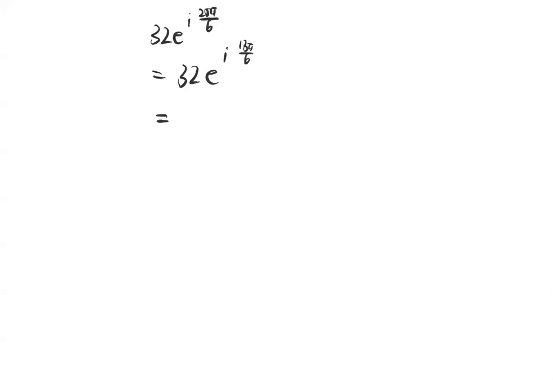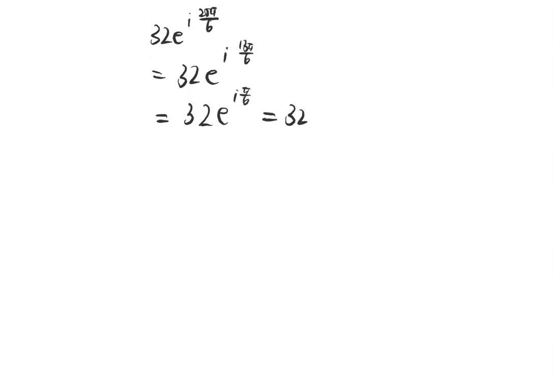So if you subtract 2 pi here, then it will be 13 pi over 6. And for 13 pi over 6, we can subtract 2 pi one more time. So we get this result.